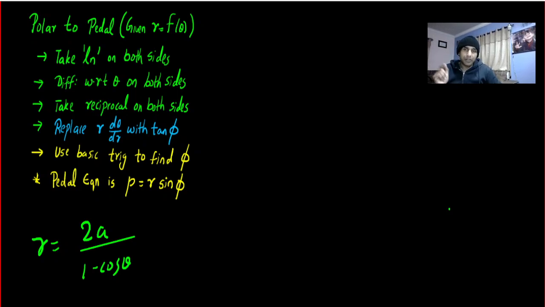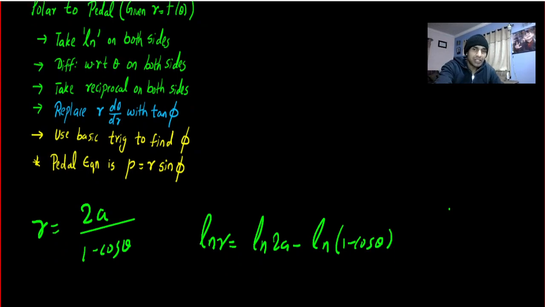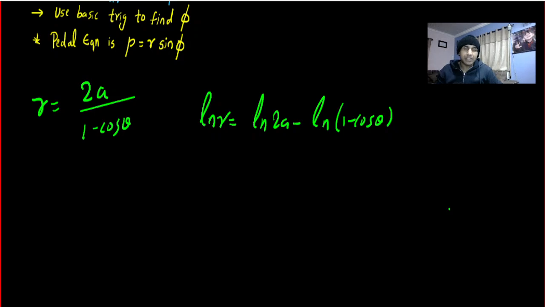Step number 1, take logarithm. So log R equal to log 2A minus log of 1 minus cos theta. I'm going to cut short the steps. So differentiating, 1 by R dR by d theta is equal to minus 1 by 1 minus cos theta times minus minus, which will be sin theta.